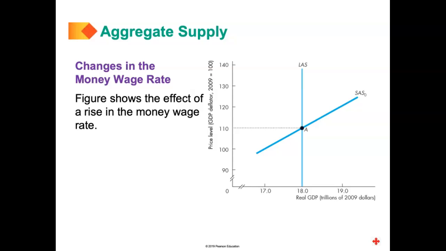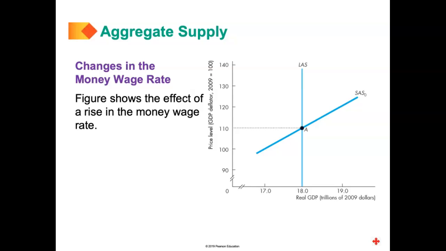A rise in the money wage rate increases firms' cost. Why? Because firms have to pay more to workers, at least in the short run. Firms don't hire as many workers because they have to pay workers more. Since they're not hiring as many workers, they can't produce as many goods and services, so in the short run they'll cut production.